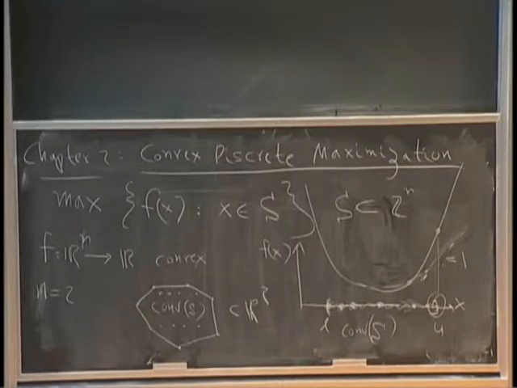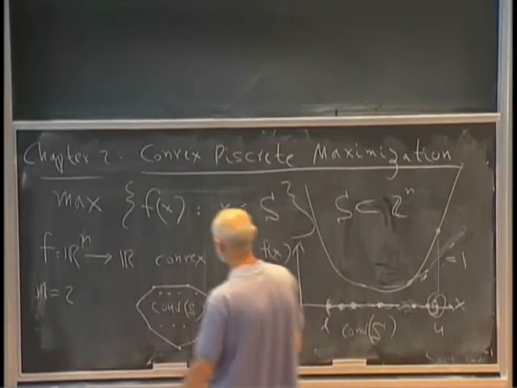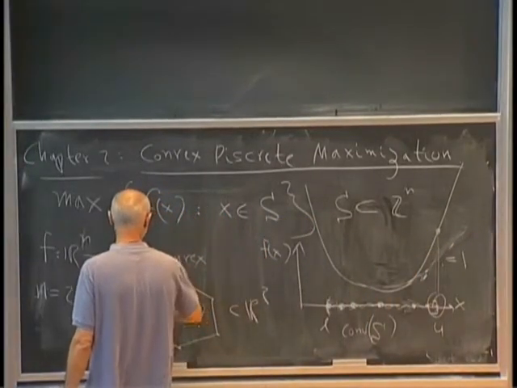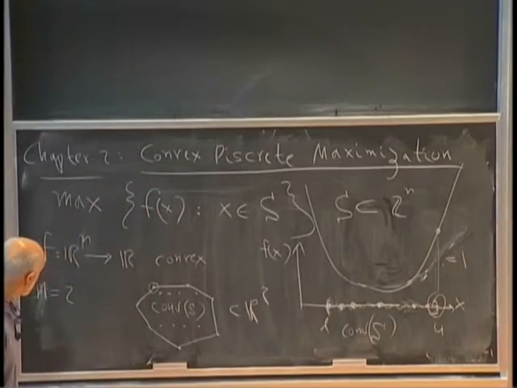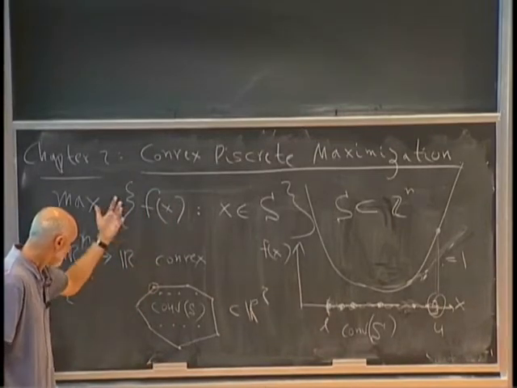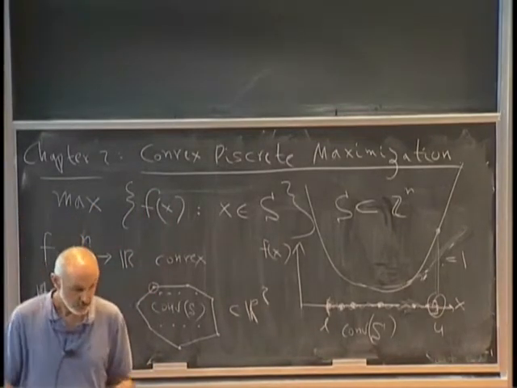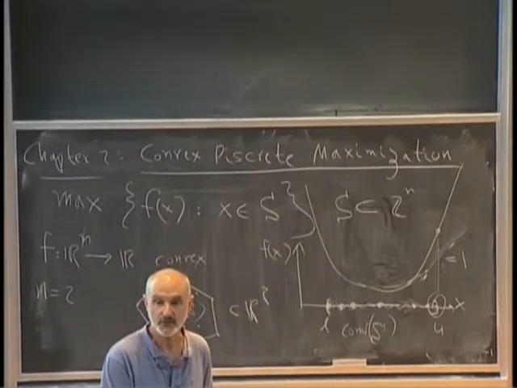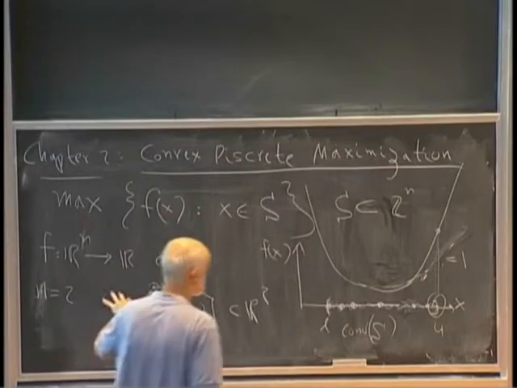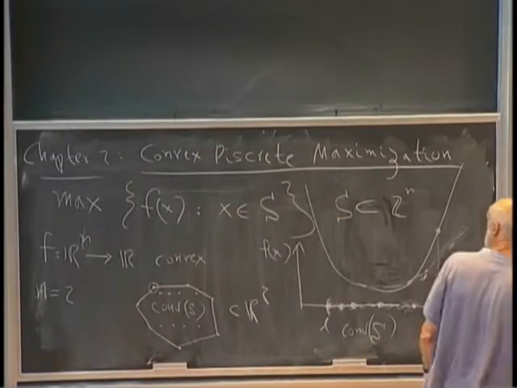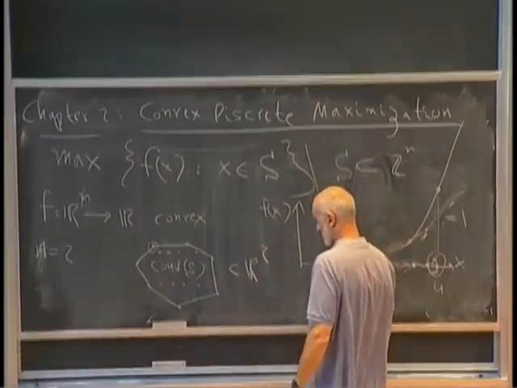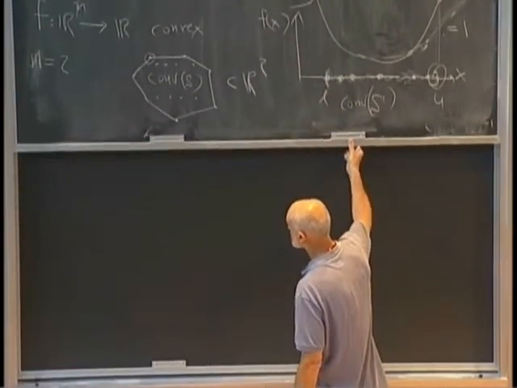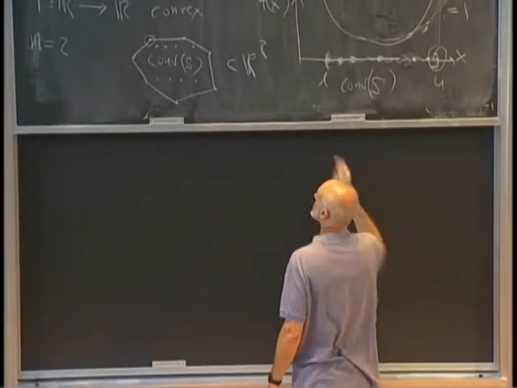Not only on the boundary, but there is always going to be an optimal vertex. So there will always be some optimal vertex. And when you know the optimal vertex, you've solved the problem. So the problem really reduces to enumerating all the vertices. Now, I want the function to be presented by an oracle.